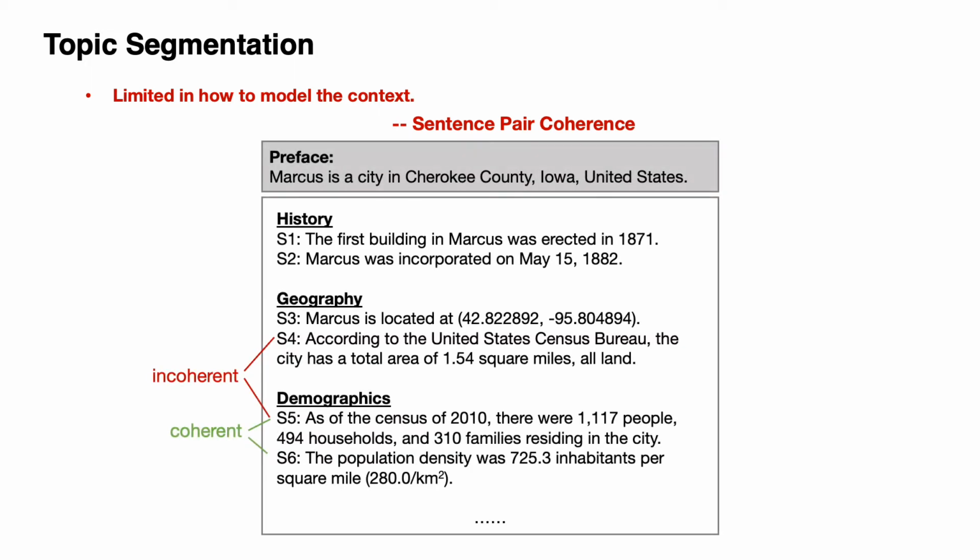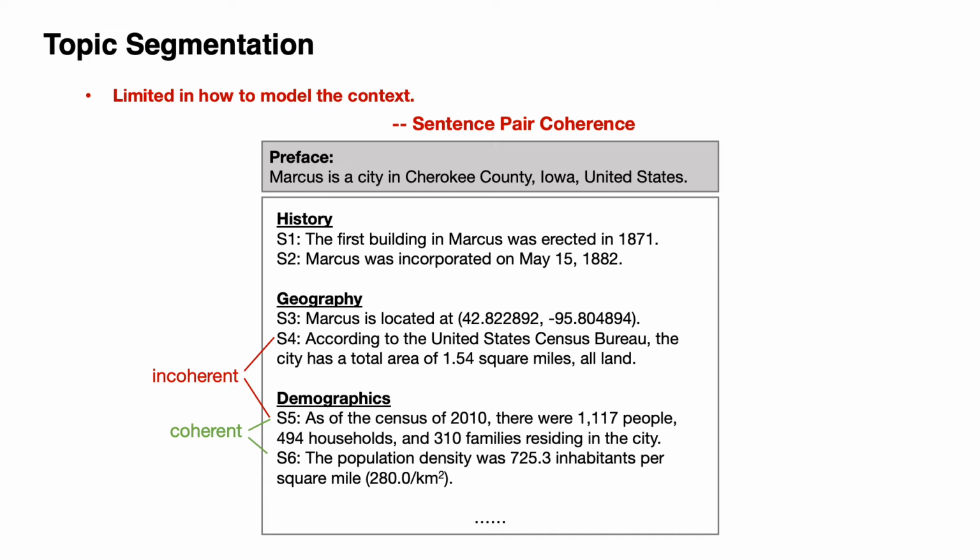The second limitation of context modeling for topic segmentation is about sentence pair coherence. Let's go back to the Wikipedia example. We can observe that in a well-structured document, the semantic coherence of a pair of sentences from the same segment should be greater than the coherence of a pair of sentences from different segments.